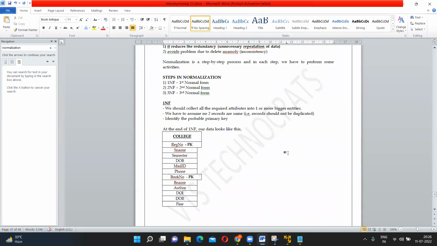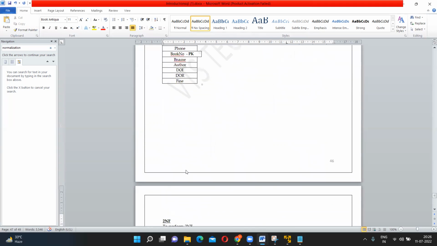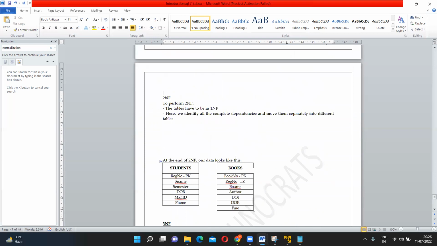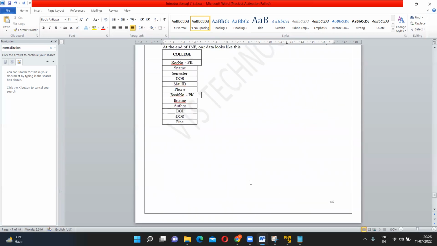That means, in first normal form, we identify the probable primary key and put everything in one table. Now in second normal form, we split the table wherever there was a complete dependency. Now there are two tables: student is one table and book is one table, which has its primary key column. Here also the primary key column is book number and registration number is a foreign key column.